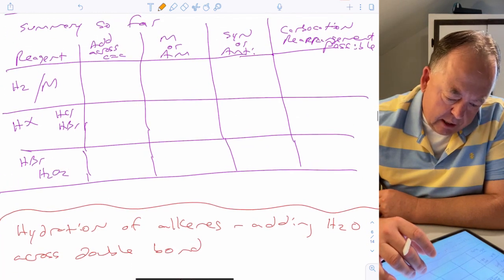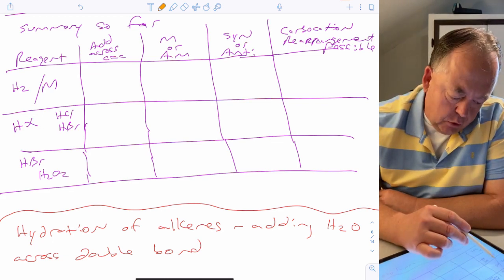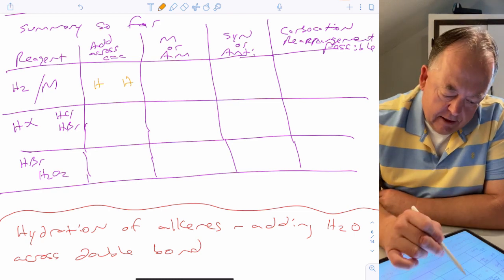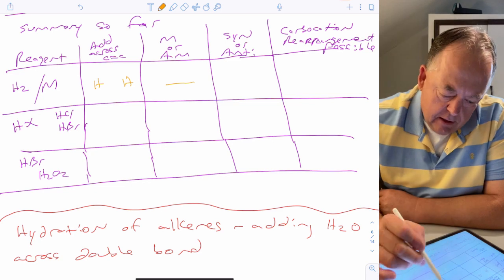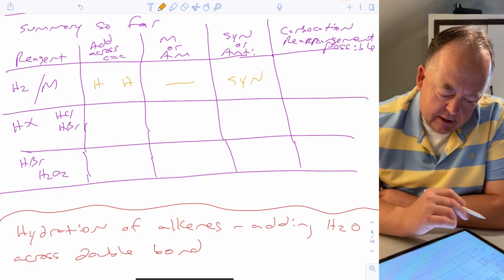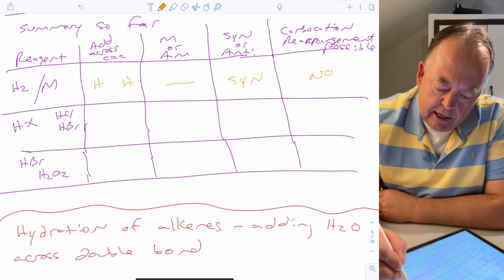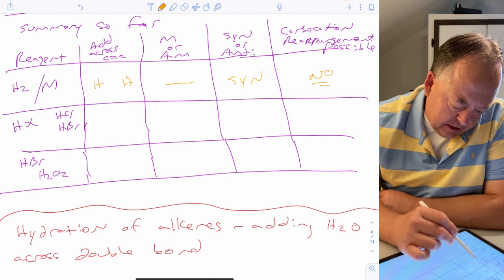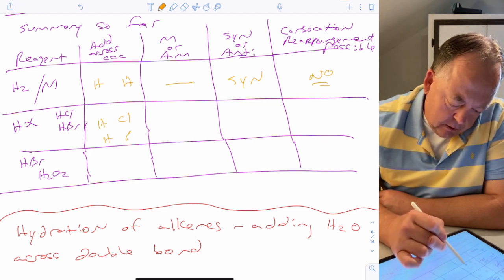Okay, so if we just summarize what we've covered so far, we've looked at 3 different reactions. If it's H2 and a metal catalyst, you add hydrogen and hydrogen across the double bond. It's neither Markovnikov nor anti-Markovnikov since you're adding the same thing. It's a syn addition, so you have to illustrate the stereochemistry that the 2 hydrogens add to the same side. There's no carbocation, so you don't have to worry about rearrangement. If it's HX, HCl, HBr, you add H and Cl, or H and Br.